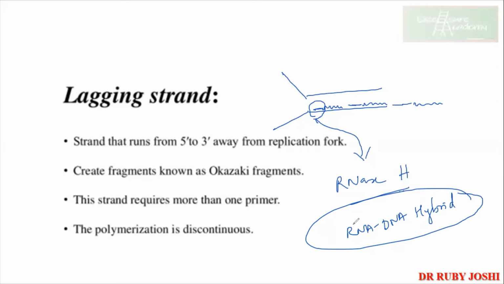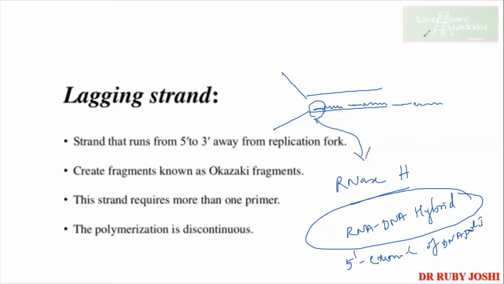Who will remove this? Ma'am, exonuclease. Which exonuclease? 5' DNA polymerase. Yes, okay. Now, don't get confused. It is the 5' exonuclease activity of DNA pol 1.